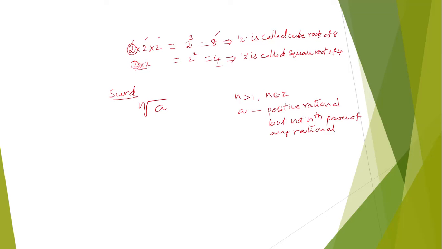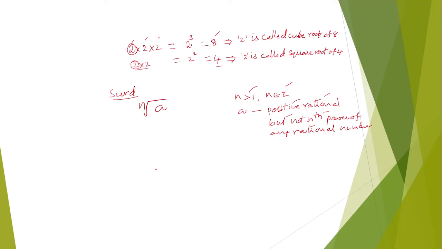The third: n is a positive integer greater than 1 and a is a positive rational number but not the nth power of any rational number.